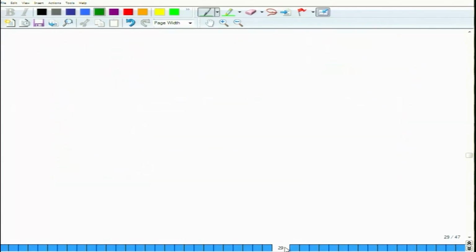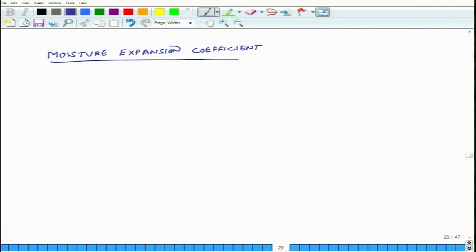Next we will look at moisture expansion coefficient. So, a lot of matrix materials, when they are subjected to humidity, absorb moisture, and in the process their overall volume becomes larger.